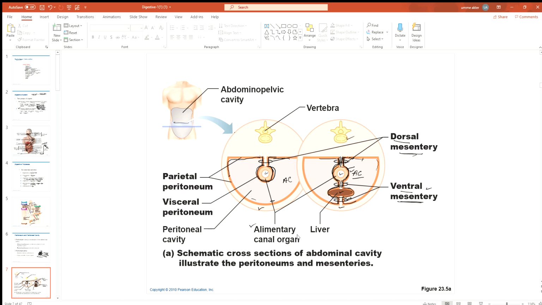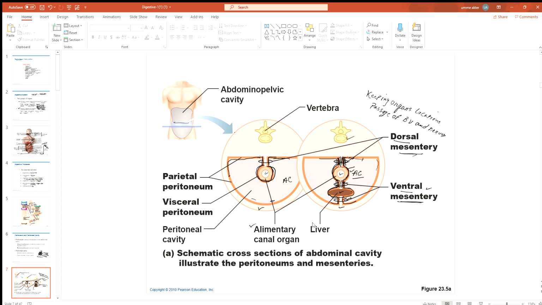Another important function is that a lot of fat accumulates in it. So storage of fat. So those are three functions: number one, keeping the organs in the right locations, number two, passes of blood vessels and nerves, right?